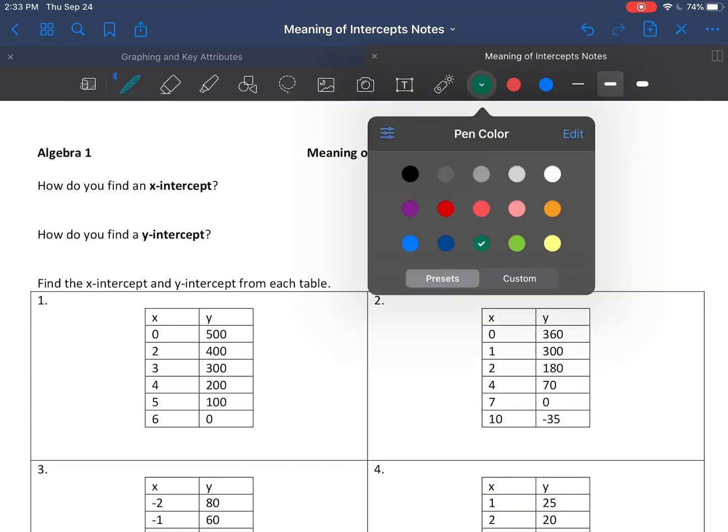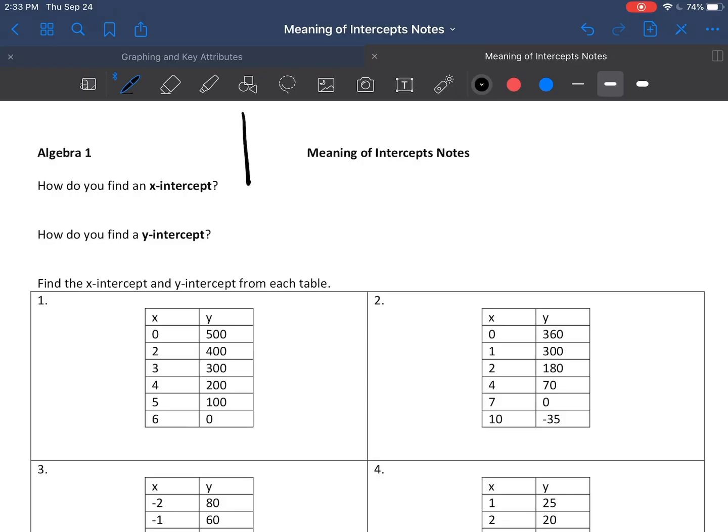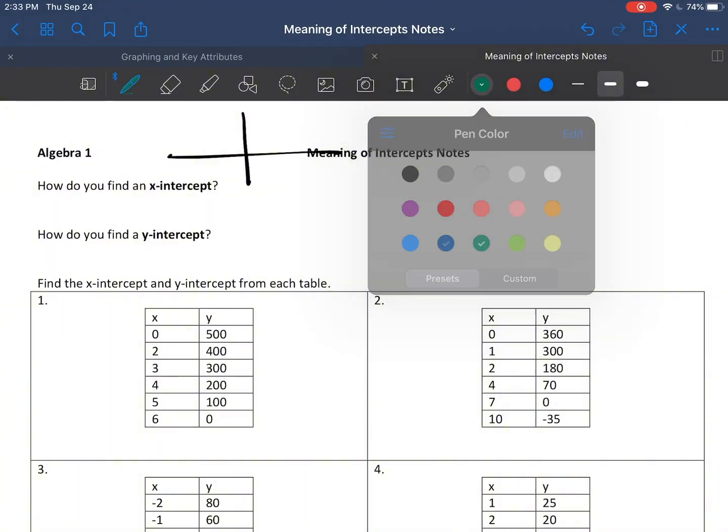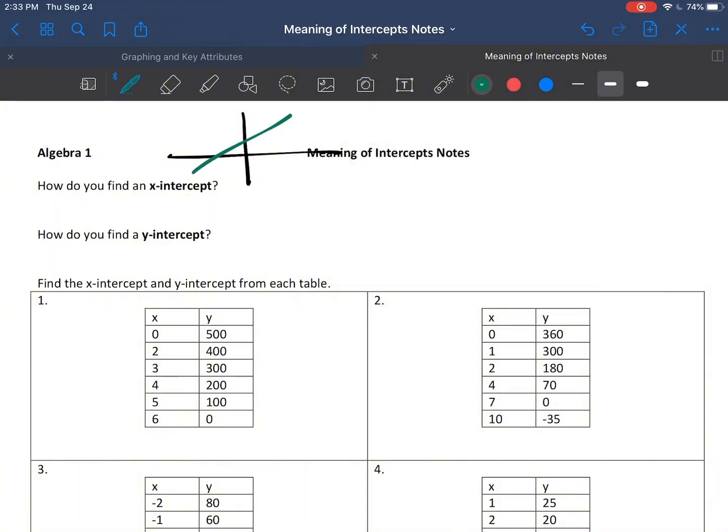All right, so a quick review of intercepts. If I have a graph, let's use, this is my line. The x-intercept is where it crosses the x-axis.